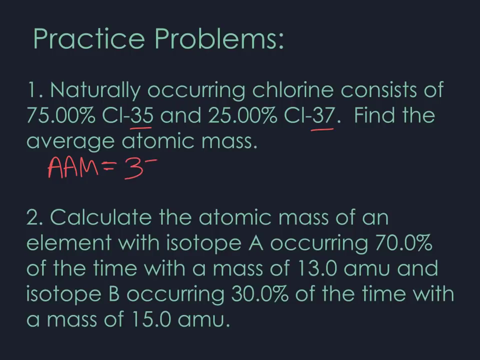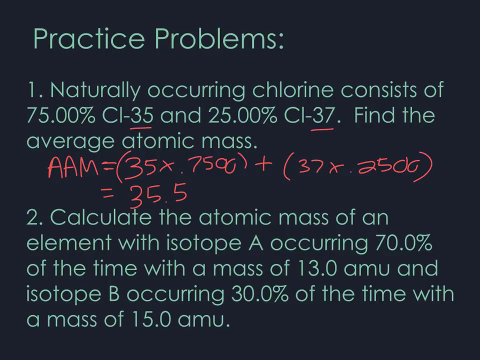But we're going to take 35 times 0.7500, add that to 37 times 0.2500. I would keep adding if I had more, but in this case I don't. I'm going to do this all in one calculation in my calculator so that I don't have to do it more than once: 35 times 0.7500 plus 37 times 0.2500.